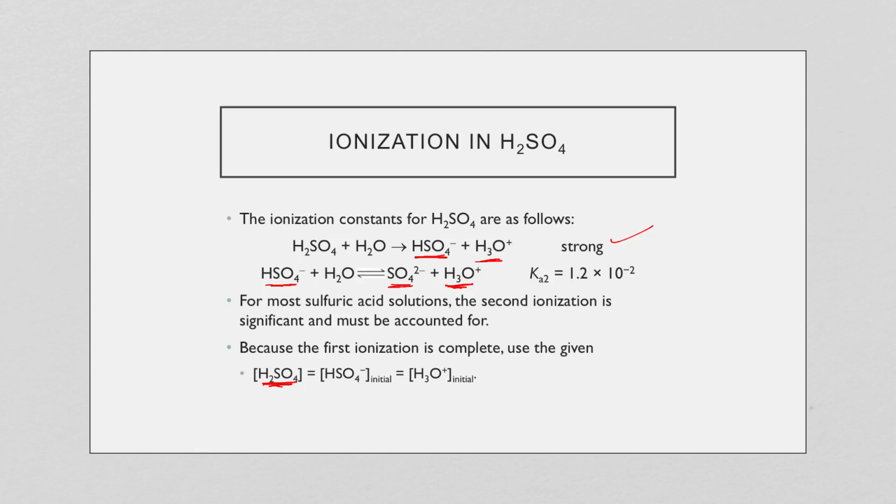If we want to calculate this, it's simplified a little bit because we know the first one goes all the way. So the initial concentration of this ion is going to equal the concentration of our original acid, because this goes fully to this, and so we know what that is.